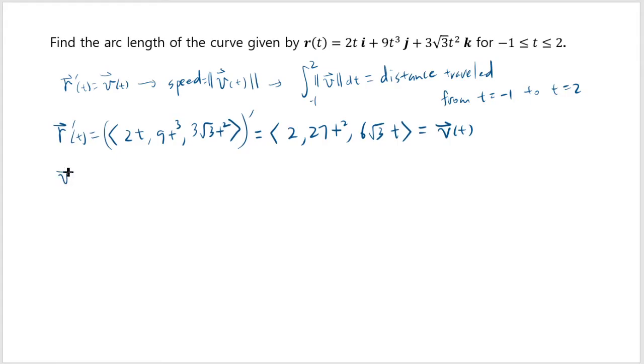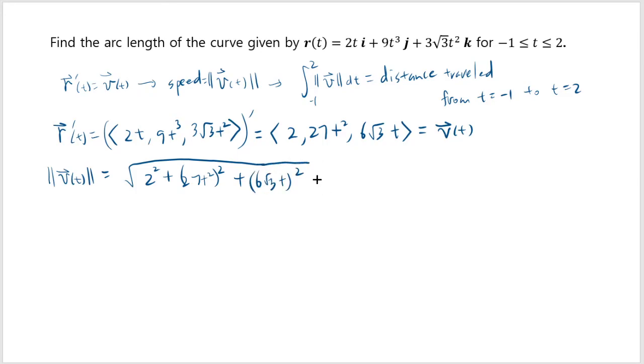And therefore the norm of v(t), we want the speed, would be the square root of the sum of the squares. So 2 squared, 27t squared squared, 6 radical 3 t squared. And let's write this first. 27 squared is, I think, 729.